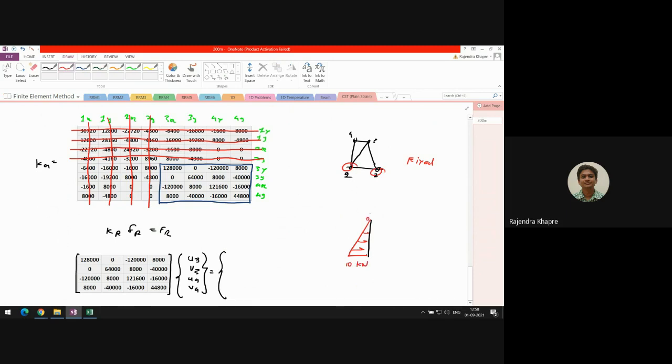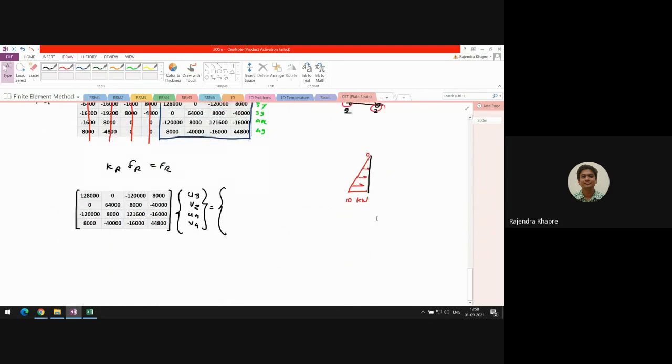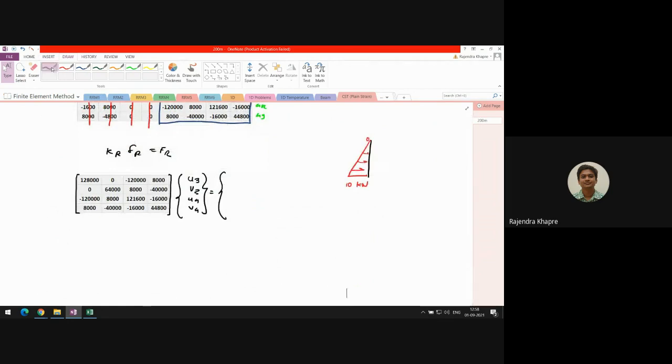If I draw a similar figure, only rotated, I have a beam which is like this, and on this beam we now have a triangular loading. Here we have 10 and here we have 0.